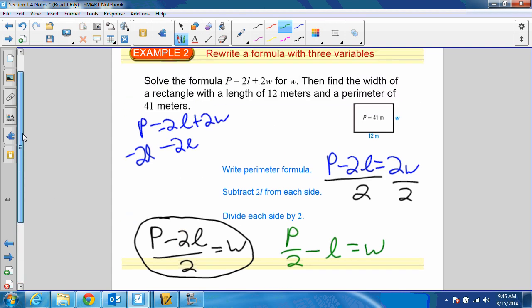Then from there it says substitute length for 12 and perimeter for 41.